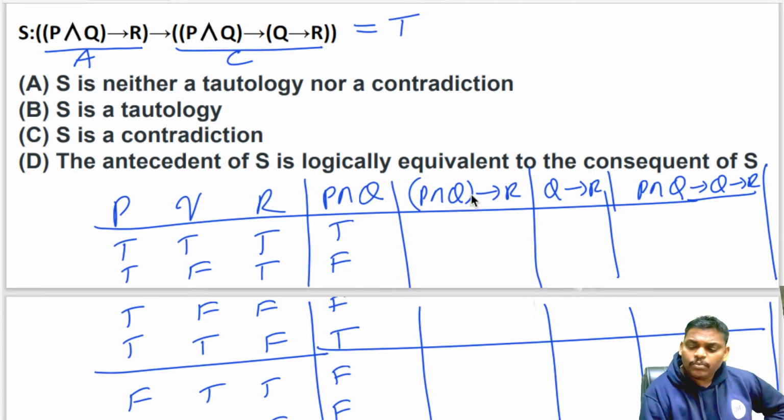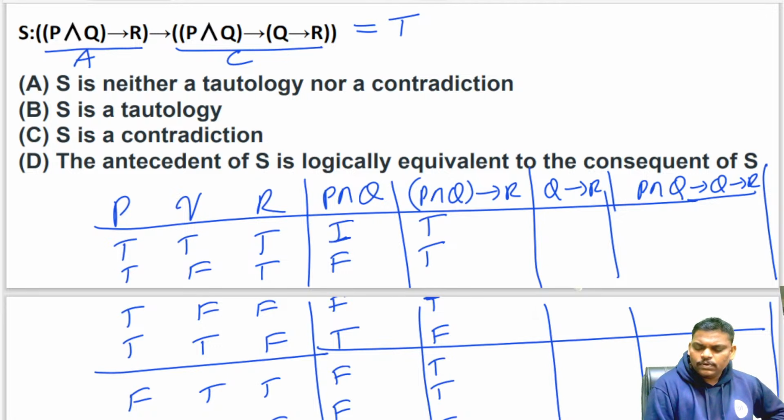Go to the next one now. P and Q implies Q and R. So what is the answer? True, true, true, false. True, true, true, true. Go to the next one now.